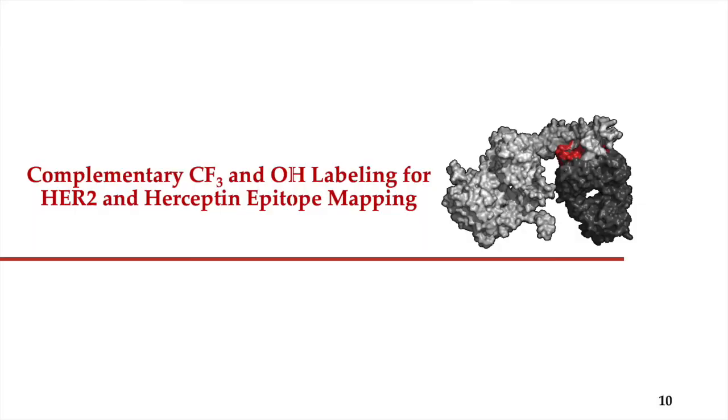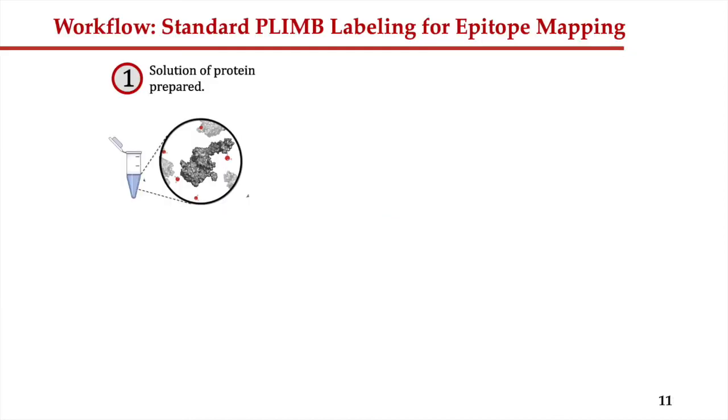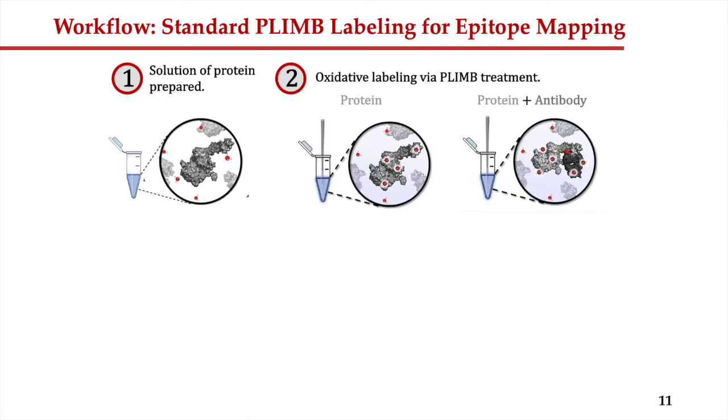Now, we wanted to extend this to an actual drug antibody interaction. So we were looking at HER2 and Herceptin because it's also really well characterized, and seeing what kind of information we can gain. The workflow is similar, where we have a sample with HER2 and a sample with HER2 plus the antibody, and we label both of them in solution.